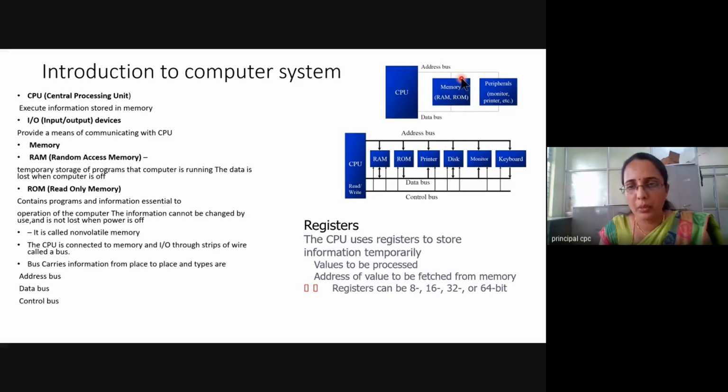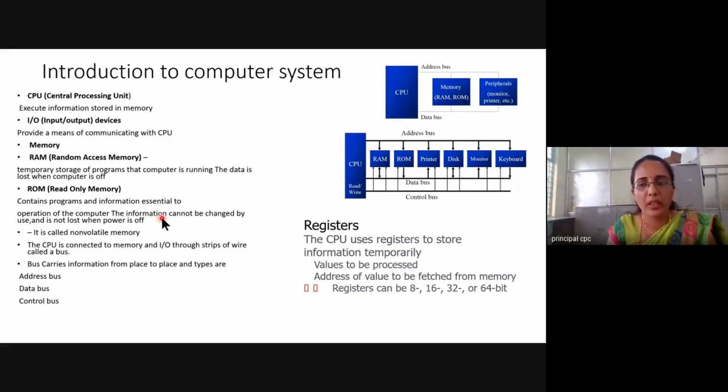In memory we have RAM and ROM. RAM means random access memory and ROM means read-only memory. RAM is used for data storage and ROM is used for program or instruction storage. So permanent memory is ROM and temporary memory is RAM.